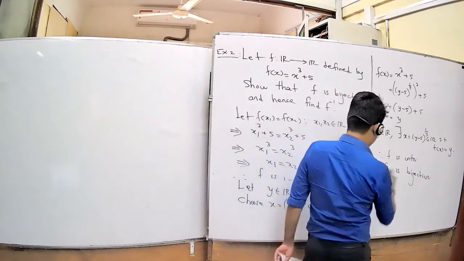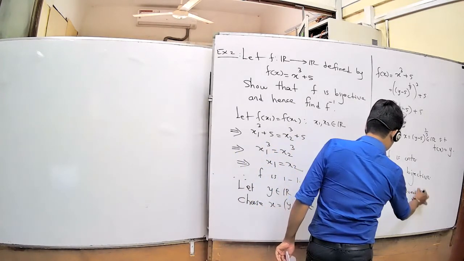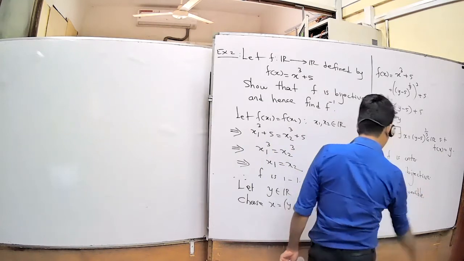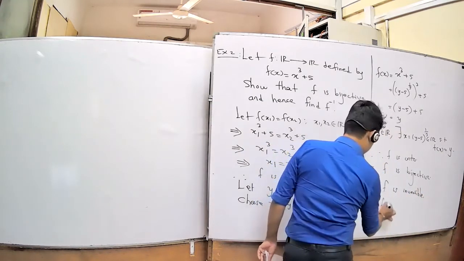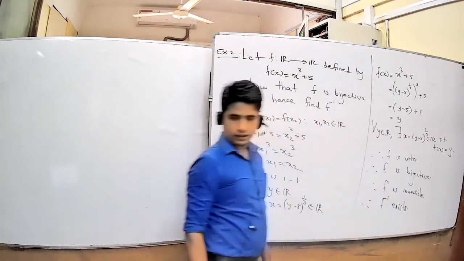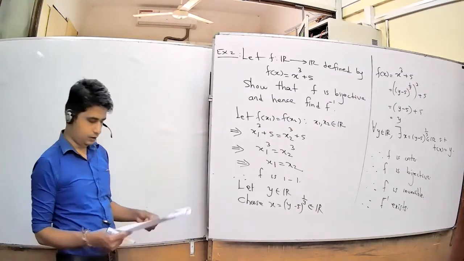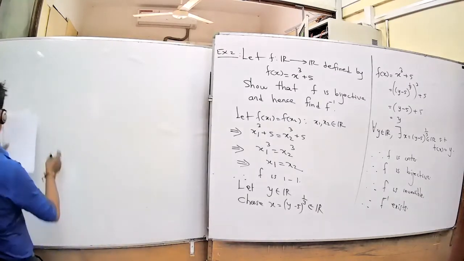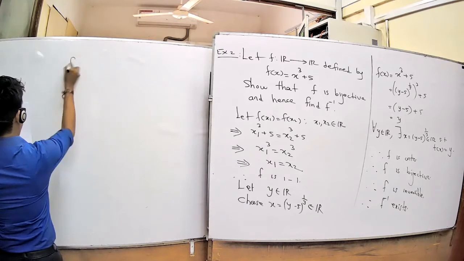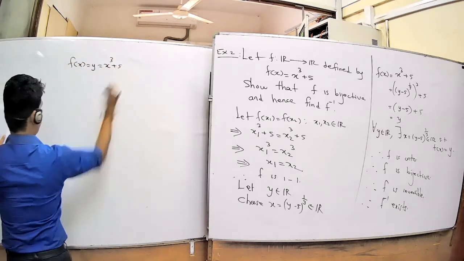We already have some theorems. Therefore f is invertible. F is invertible means f inverse exists. Now you want to find the f inverse. For that you have this formula. You have f of x equal to y, x cube plus 5.